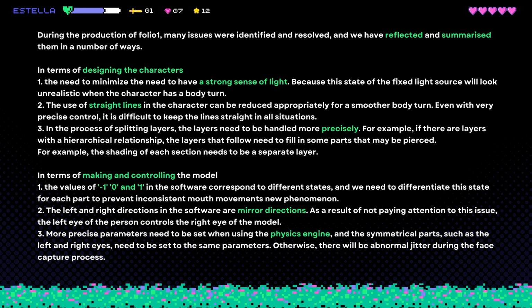Thirdly, in the process of splitting layers, the layers need to be handled more precisely. In terms of making and controlling the model, firstly, we need to distinguish the values of -1, 0, and 1. Secondly, the left and right directions in the software are mirrored. Thirdly, more precise parameters need to be set when using the physics engine.